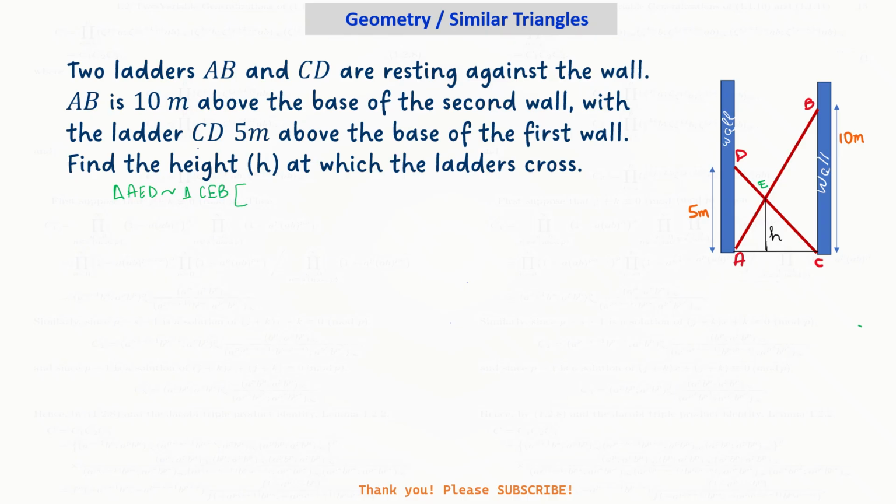The reason being that angle ABC is equal to angle DAE, so they are alternate angles. The walls would be perpendicular to each other.